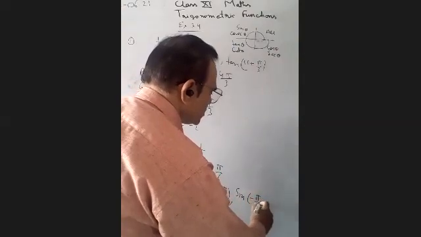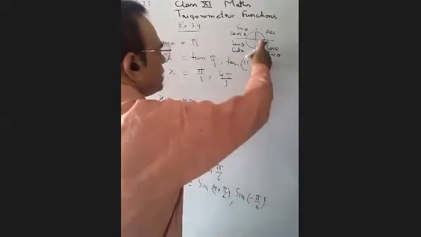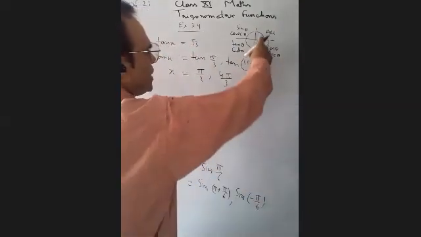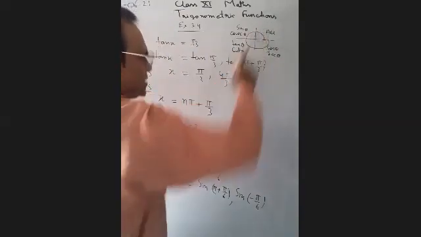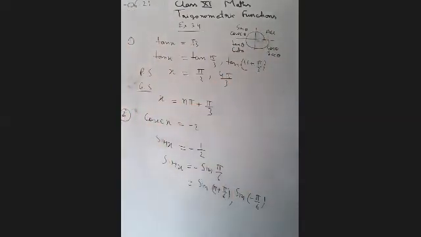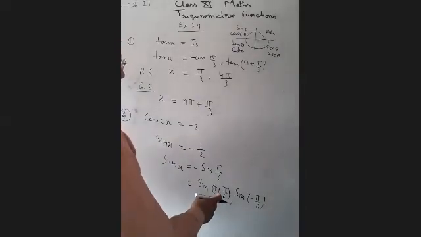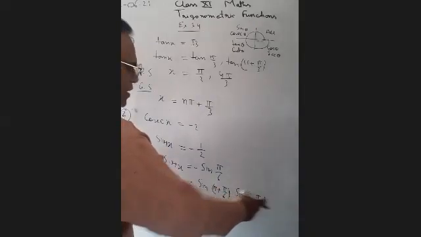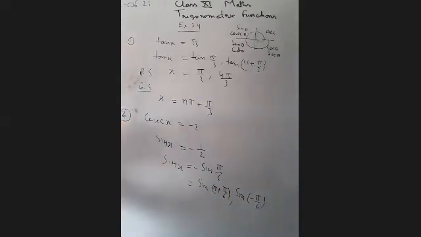Minus pi by 6, sin minus theta is equal to minus sin theta. Or we can write 360 minus theta also. ठीक है. There are two possibilities. You can write pi plus pi by 6, or you can write sin minus pi by 6. So we have two solutions.